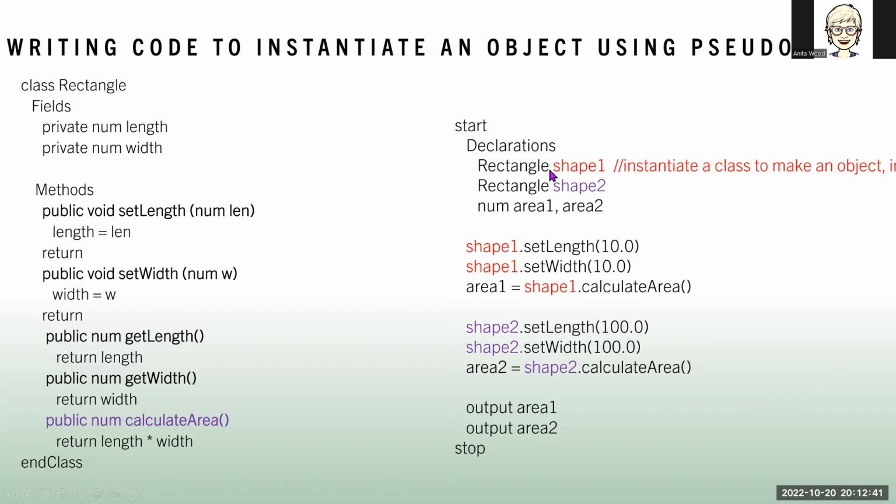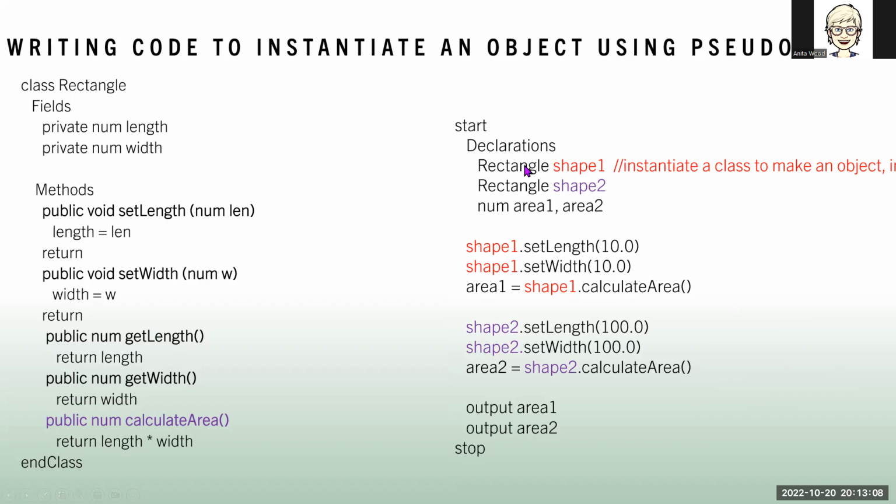We assign a variable name that will represent this class. So I'm declaring shape1 to be of data type Rectangle. Rectangle is a class, and classes are a way software developers can define and create their own data types.